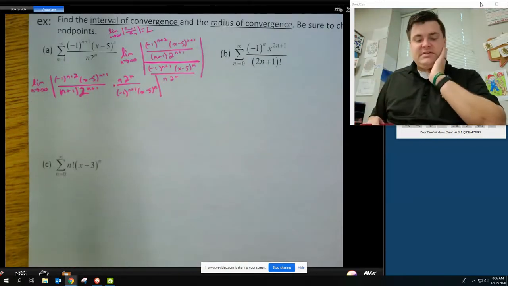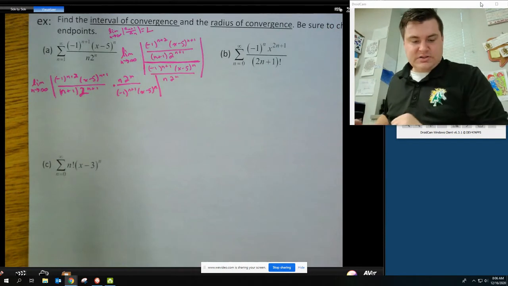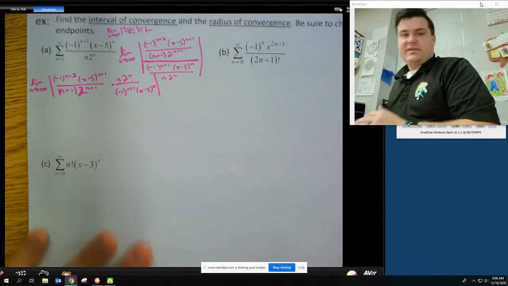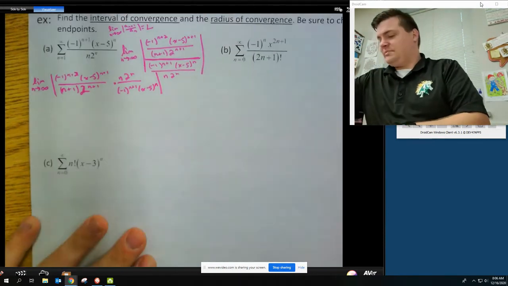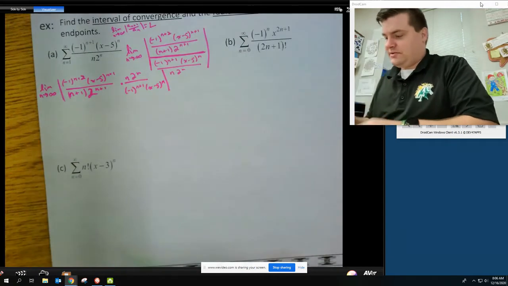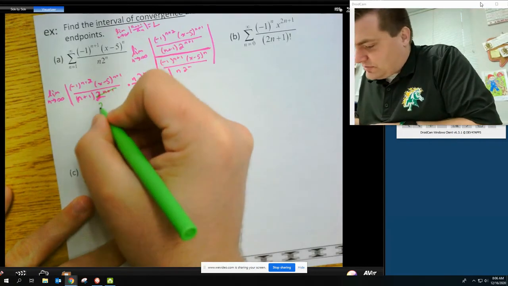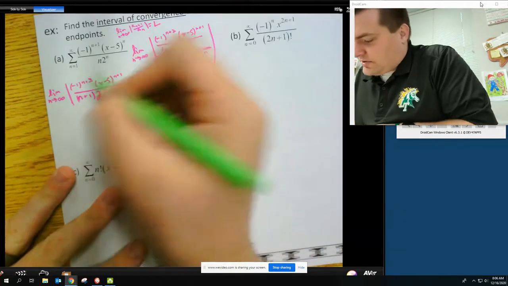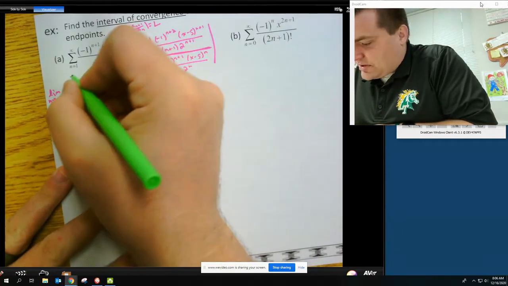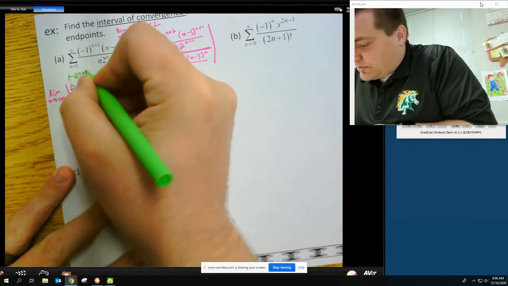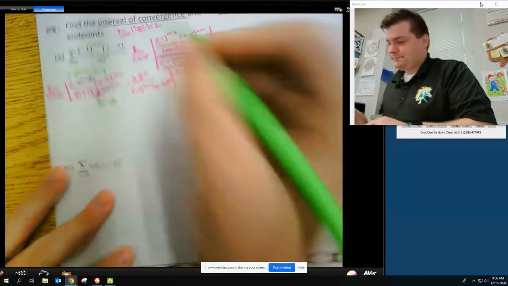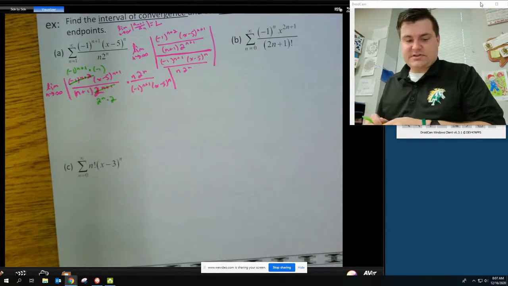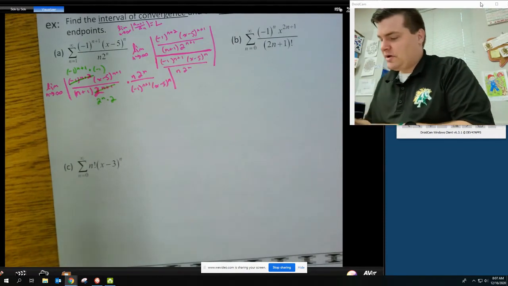I'm going to need to pick this apart just a little bit so that I can simplify this, and I'll do that real quick right here. This really turns into 2 to the n times 2. This turns into negative 1 to the n plus 1 times negative 1. You can see things starting to cancel out.